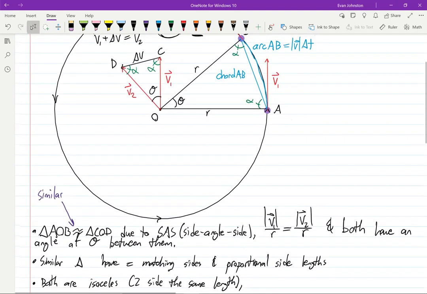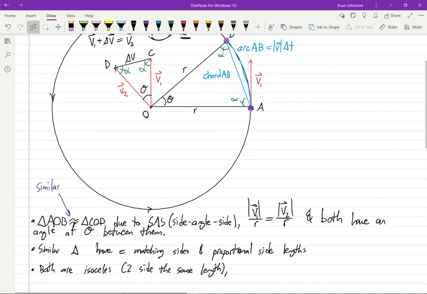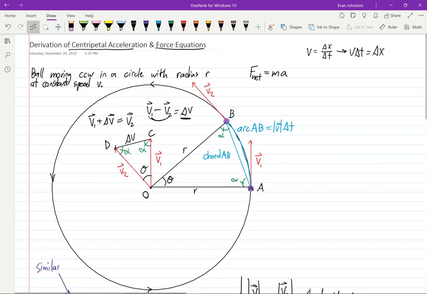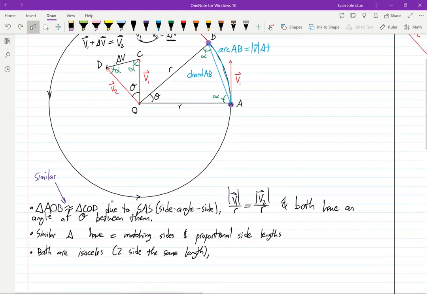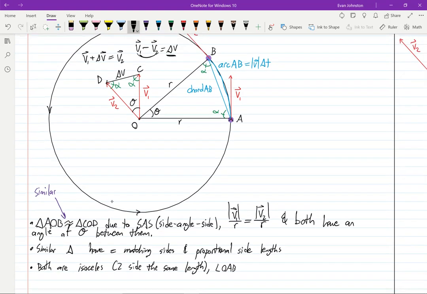So with that being the case, we can absolutely, in all correctness, write that this angle OAB, the one in the middle, is equal to the angle OBA.